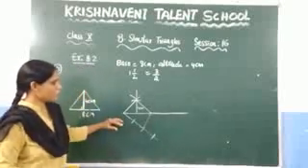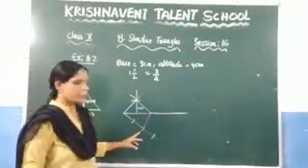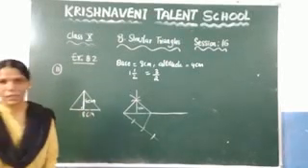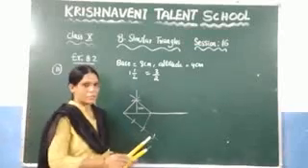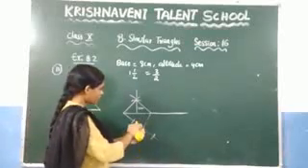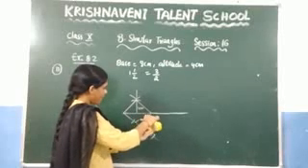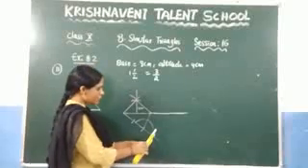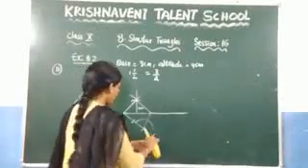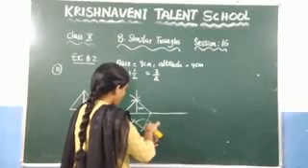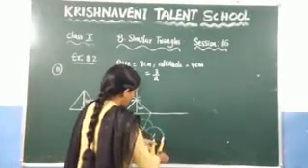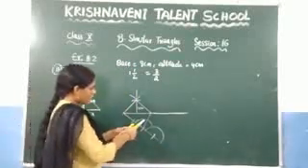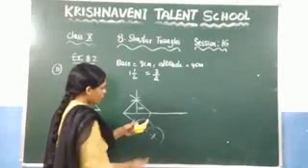Now, after extending the base, you need to draw the line parallel to this line. You know how to draw the parallel line. Take some radius and draw one arc, and without changing this radius, at the third arc, measure the length of the arc.